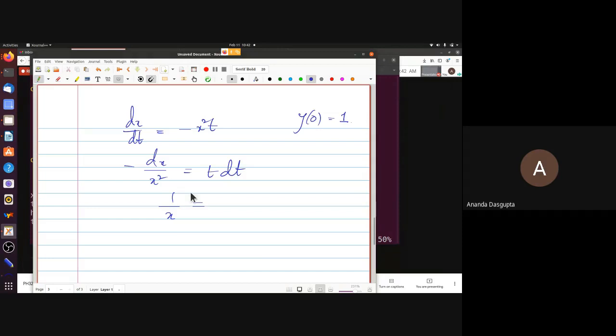So this is 1 by x is equal to t square by 2 plus a constant. And the constant is easily seen to be 1. So x is 2 by t square plus 2. Okay, that's the equation that you're solving here.